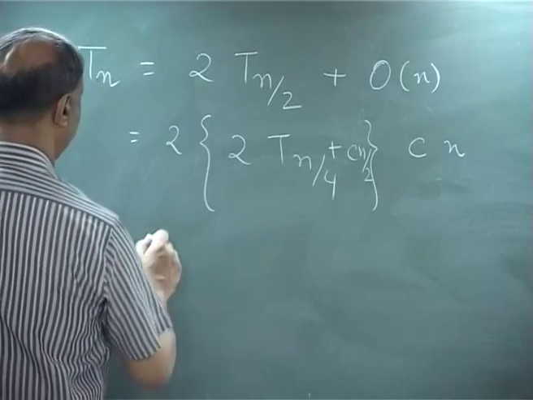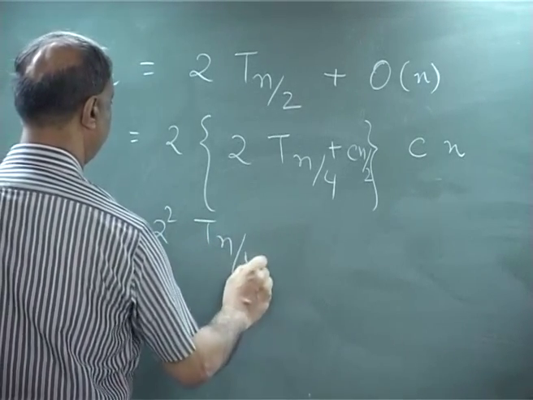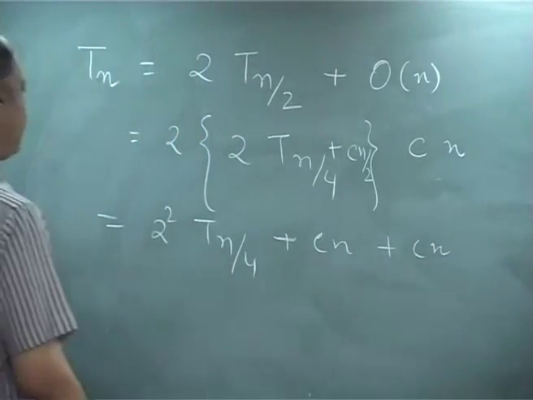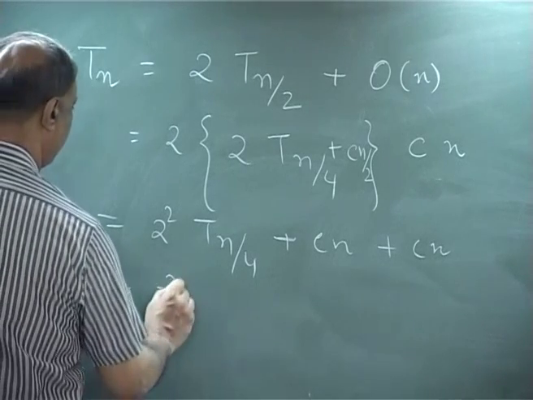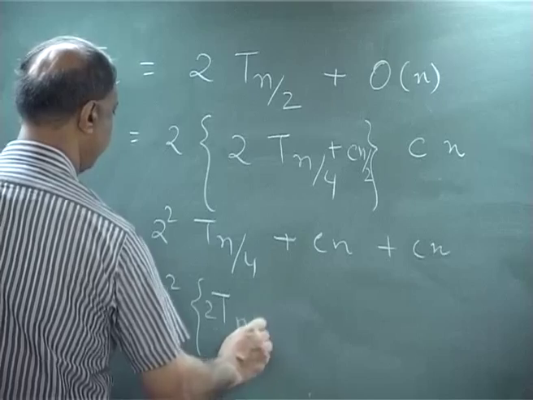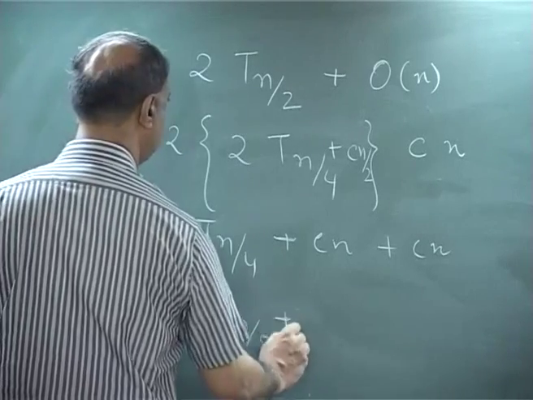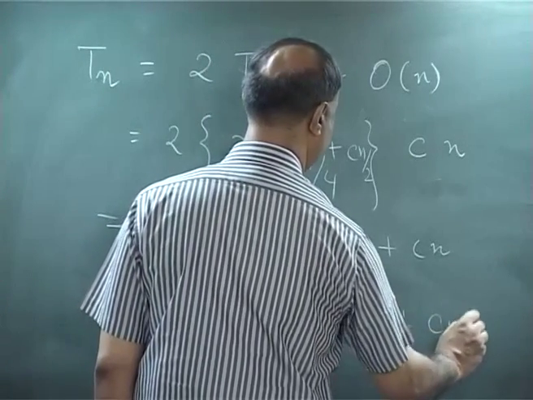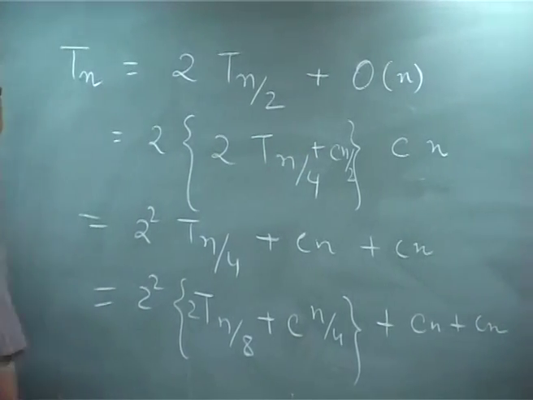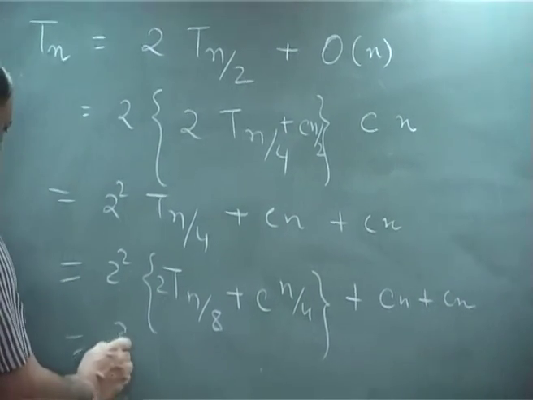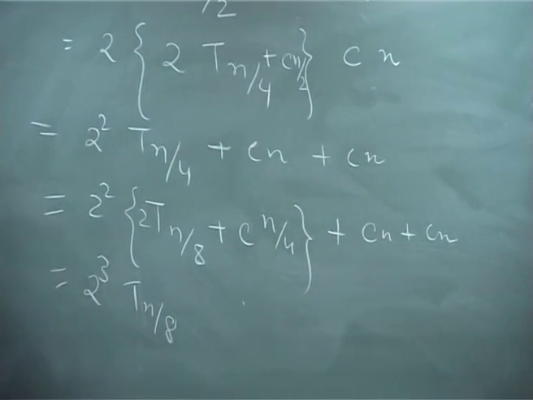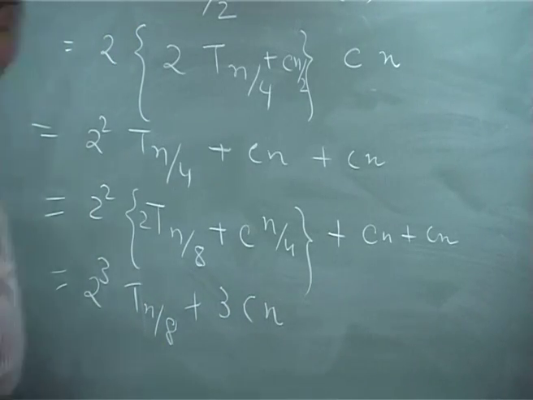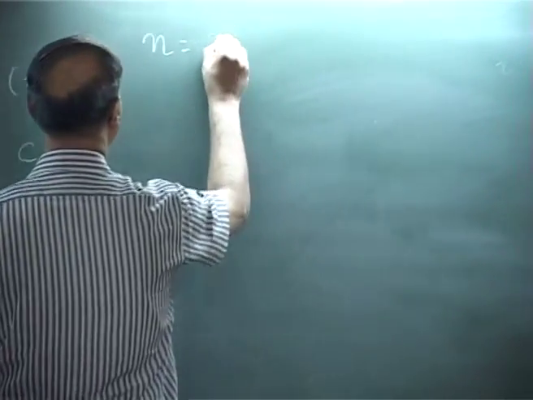So this gives you 2 square Tn by 4 plus Cn plus Cn, which gives me 2 cube Tn by 8 plus 3 times Cn.